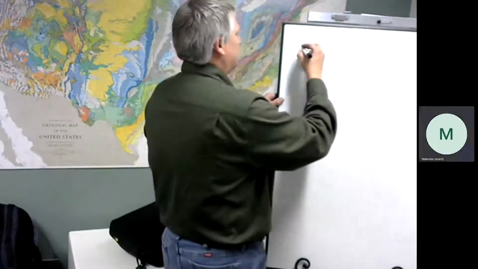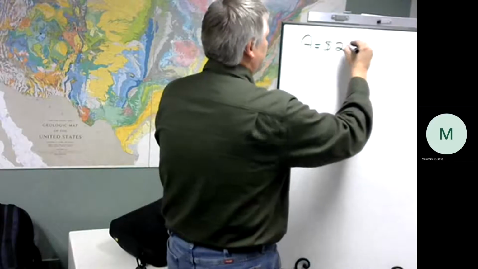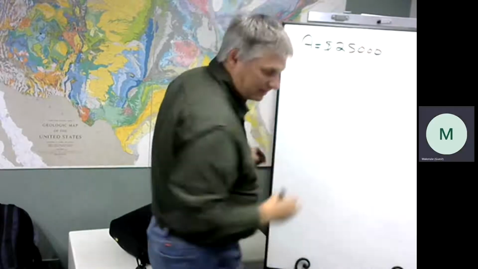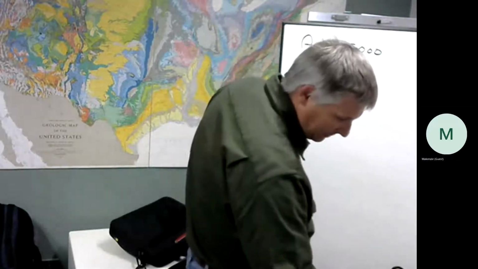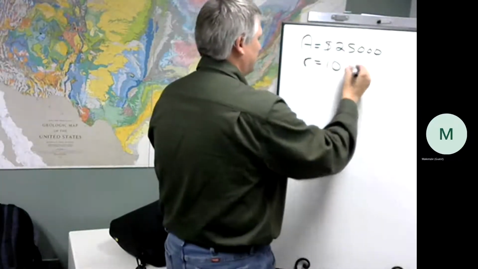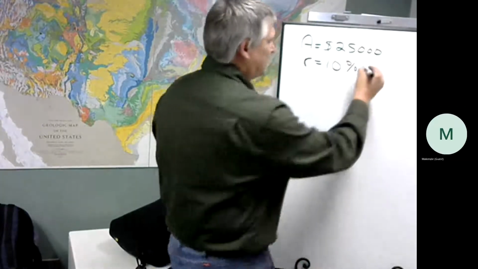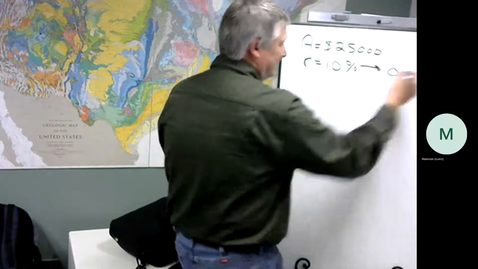Let's say we have $25,000. You could be borrowing it, we could be lending it, or investing it. Let's say R is 10%. That means you have to drop the percent by dividing by 100, so we get 0.10.